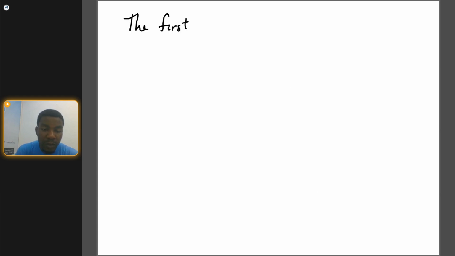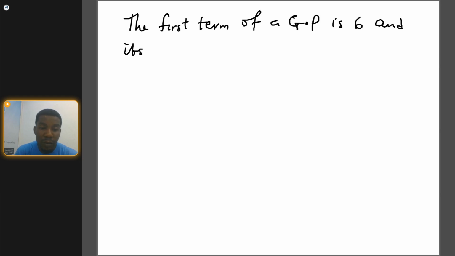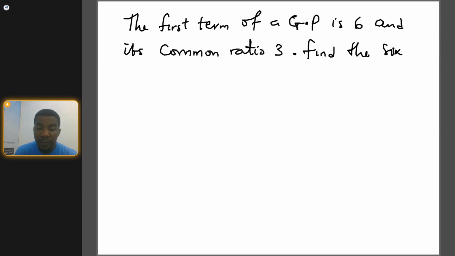The first term of a GP is 6, and its common ratio is 3. Find the sixth term. So that's the question. Find the sixth term.